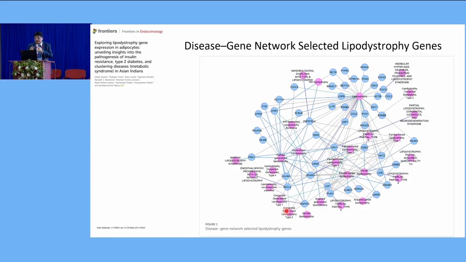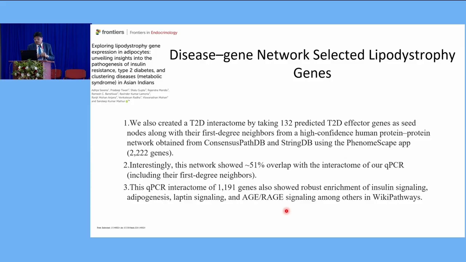We found there was a network of lipodystrophy genes, and along with the gene network we also created a T2D interactome and 132 curated T2D effector genes, which are known to have an impact on transcription profile and gene expression. Between that and the network of lipodystrophy genes, there was a 51% overlap.